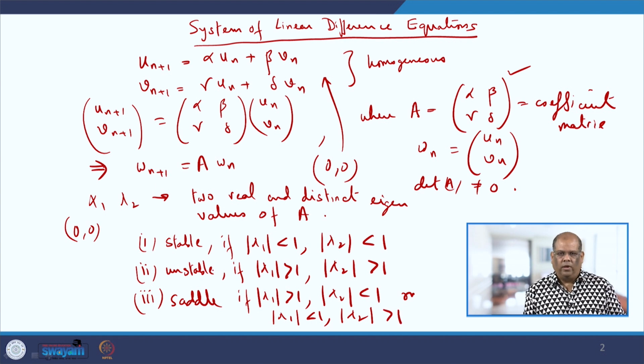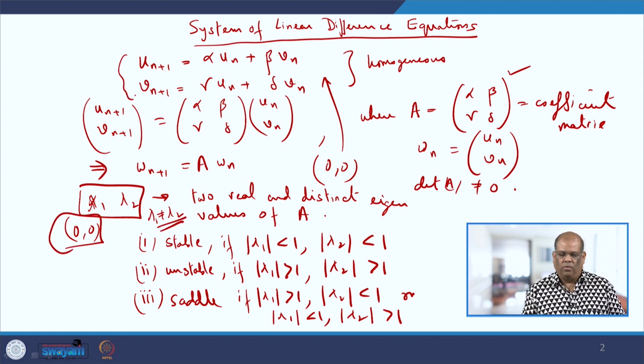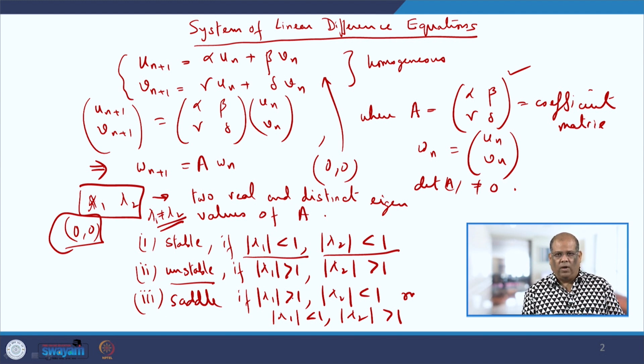So, I repeat the theorem: if lambda 1 and lambda 2 are two real and distinct eigenvalues, by distinct I mean that lambda 1 is not equal to lambda 2, then 0 0, the only equilibrium point of this homogeneous system, will be stable if mod lambda 1 is less than 1 and mod lambda 2 is less than 1. It is unstable if mod lambda 1 is greater than 1 and mod lambda 2 is greater than 1, and it is a saddle if the modulus of one of them is greater than 1 and the other one is less than 1.